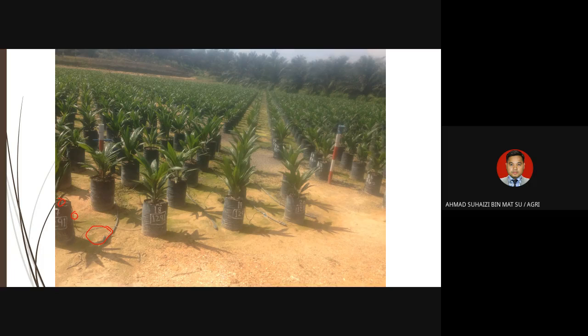So you can have very good control of the water, and fertilizer can also be diluted in the water directly instead of applying manual fertilizer. With this you can save a lot of fertilizer during heavy rainfall. If you put granular fertilizer, it will easily leach out into the ground.